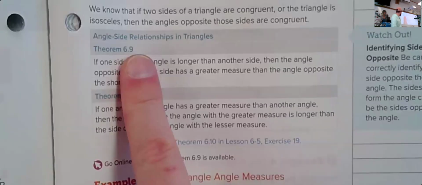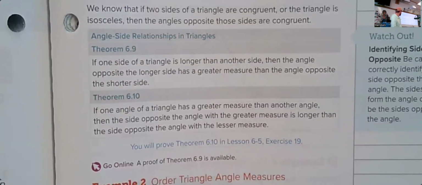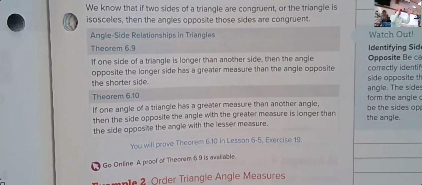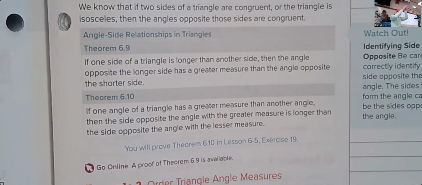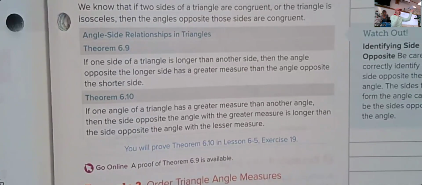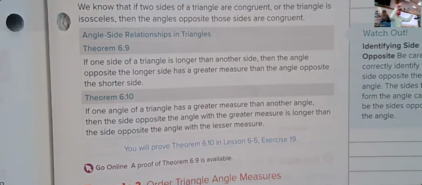So we're talking about triangles in general. If one side of a triangle is longer than another side, then the angle opposite the longer side has a greater measure than the angle opposite the shorter side. All that means is what I was talking about in the warm-up. If you have a really narrow angle, that's going to be across from the shortest side. If you have a really wide angle, that's going to be across from the longest side.